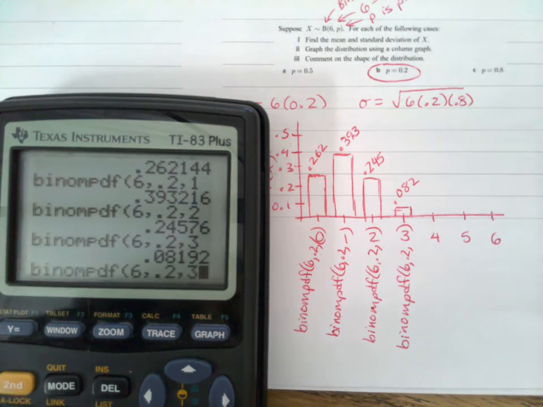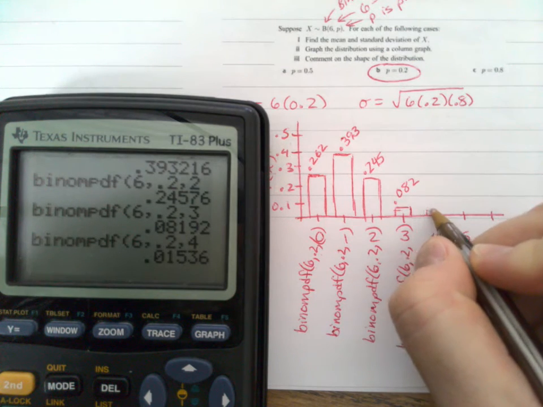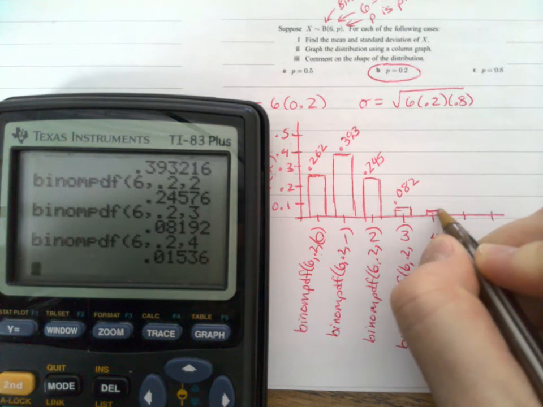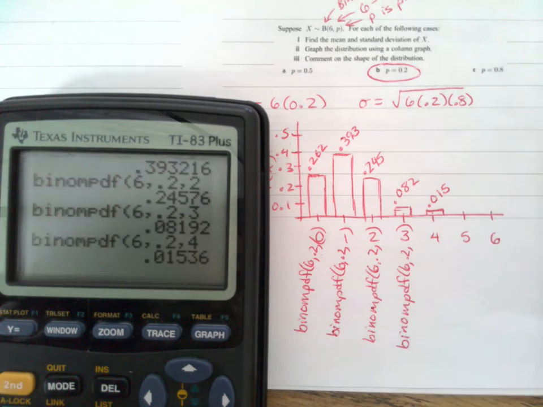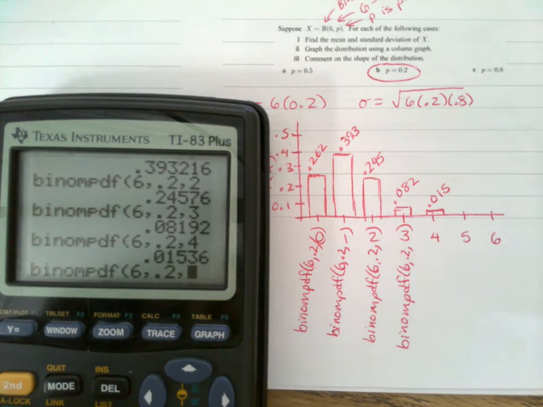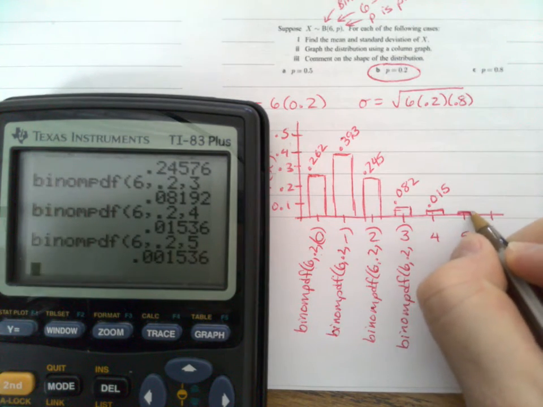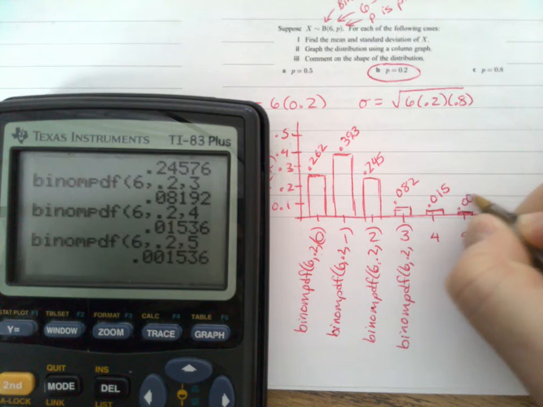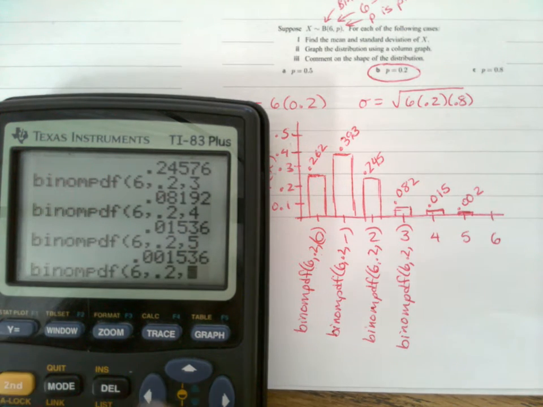All right. Let's try 4. Oh my goodness. 0.015. 5. All right, that's like not even on the graph. 0.002. 6 is going to be crazy.